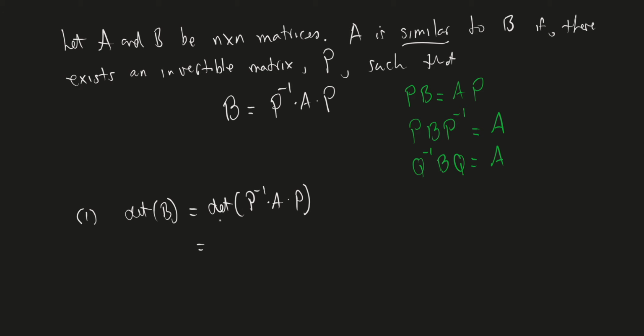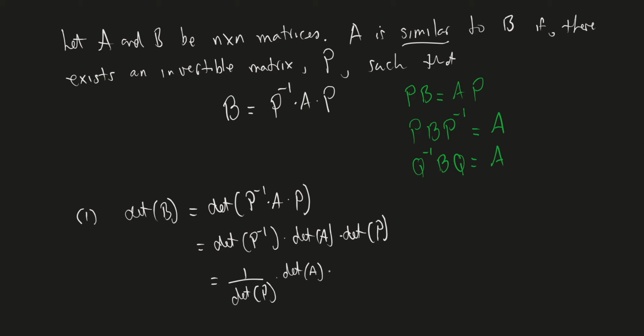So I can break up the determinant on the right as the determinant of P inverse times the determinant of A times the determinant of P. And I know that the determinant of an inverse is 1 over the determinant of the original, because this is one of our properties that we showed for invertible matrices.